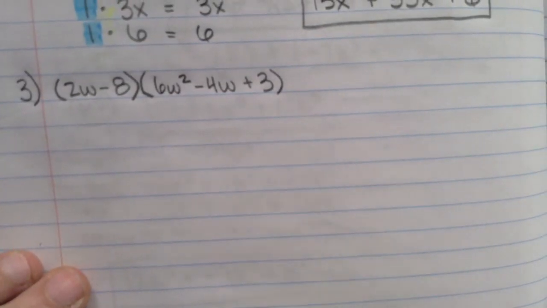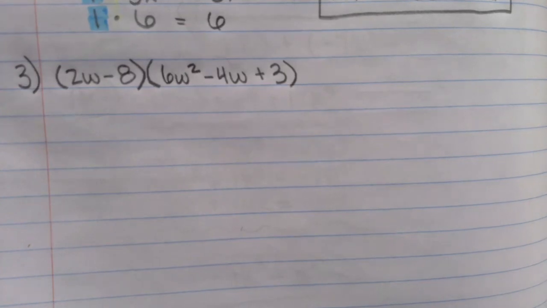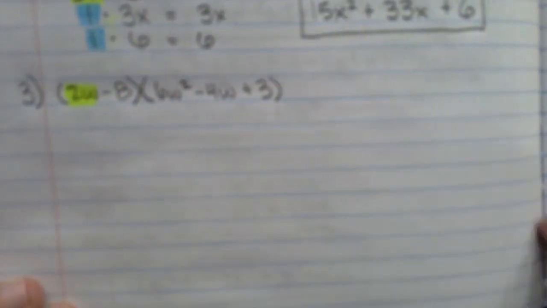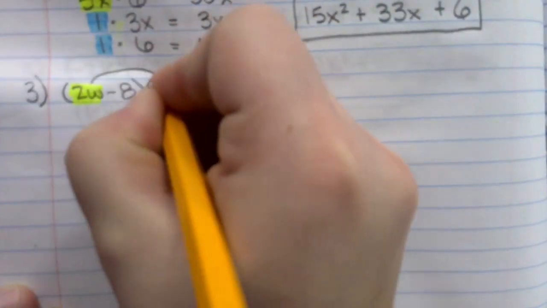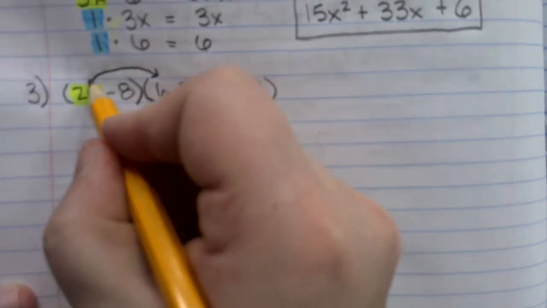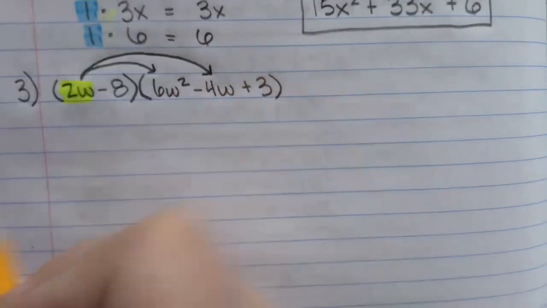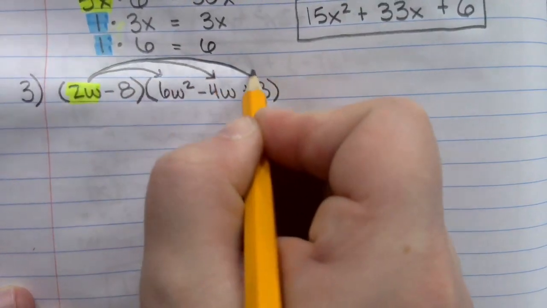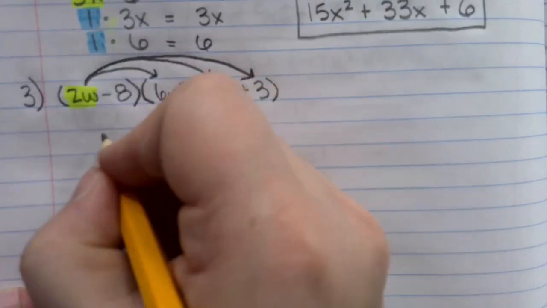Alright, so what am I going to distribute first? What is my first term? Good. 2w, and I'm going to multiply it to which parts? 6w squared, minus 4w, and the 3. We got 3 arrows here. Pew, pew, pew.